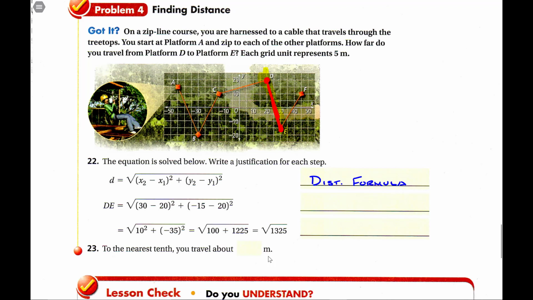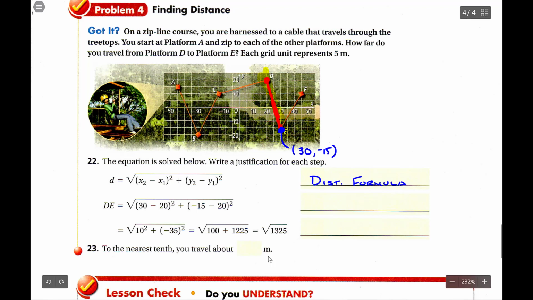That's just substituting in the respective coordinates for each one of these points. You can see that E is at 30 and -15. That's where the x sub 2 and y sub 2 came from.